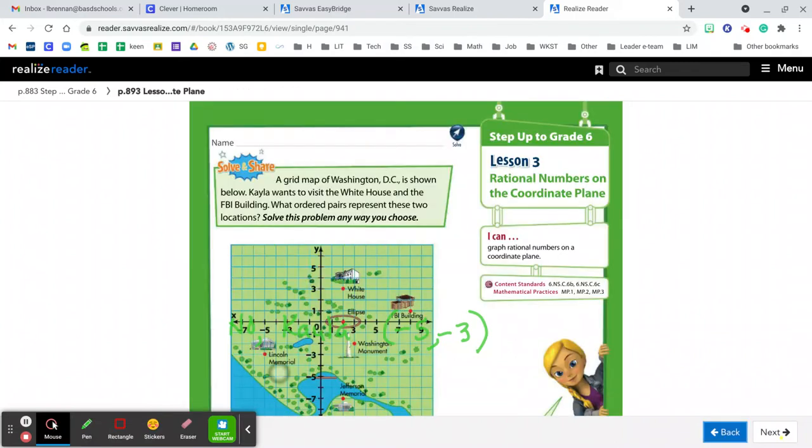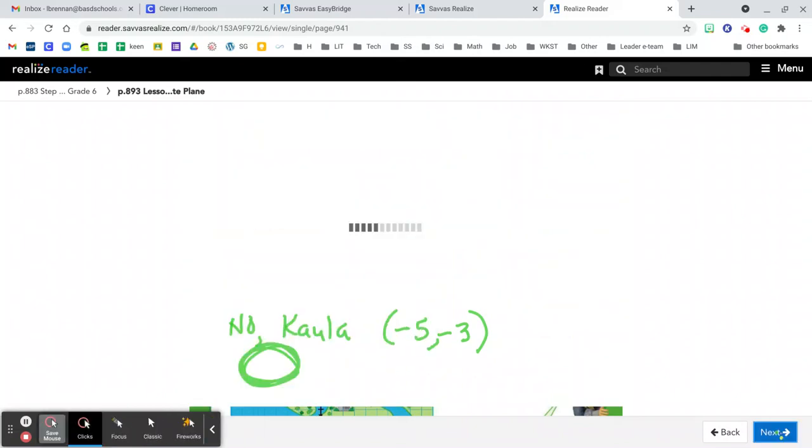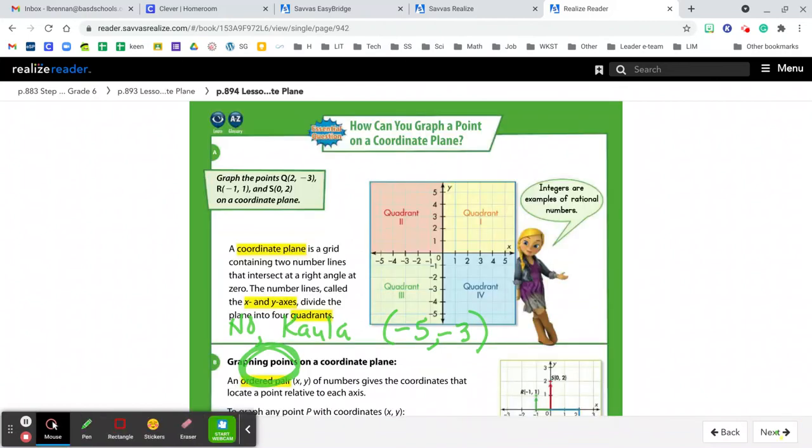She said -3, -5. So she reversed her coordinates, which is a common mistake. Be careful for it. Remember, the first coordinate is the x coordinate. The second coordinate is the y.